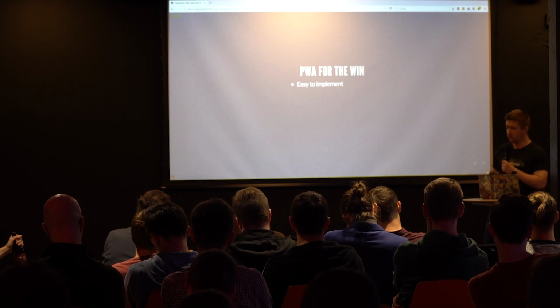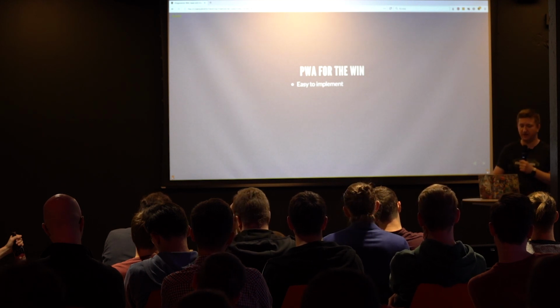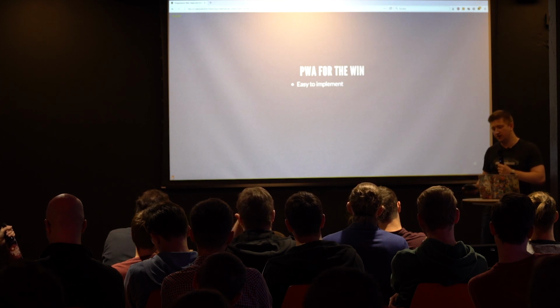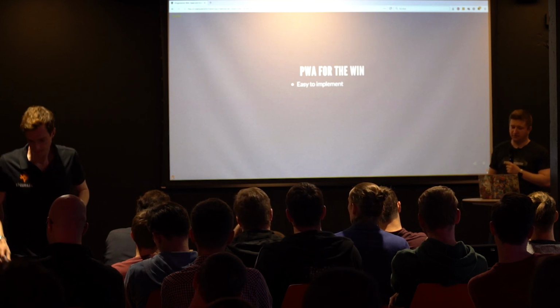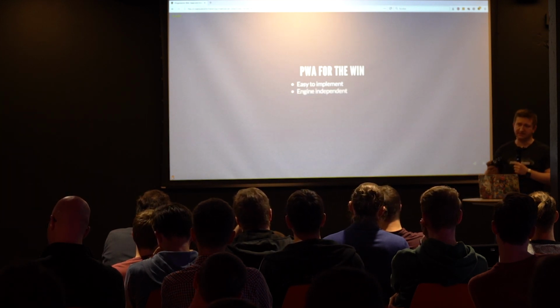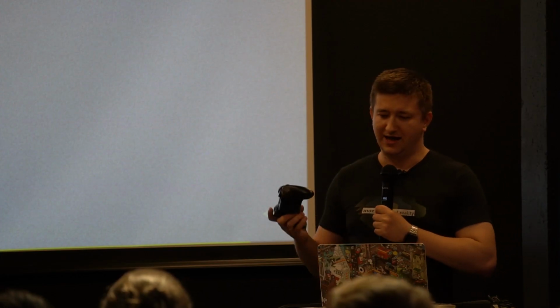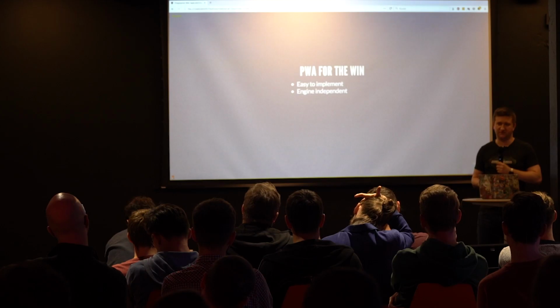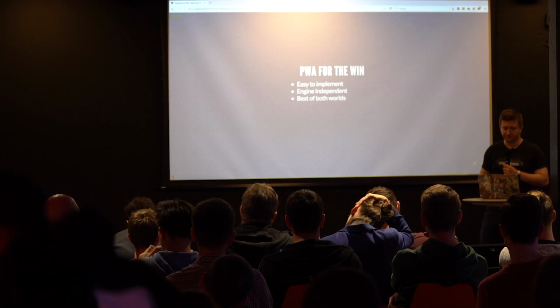So all you have to do is add the manifest file, add the service worker. It's not that complicated. It's engine independent, so you can add that to basically any game or any application. It doesn't matter if the game was created with Pixi, Phaser, or whatever, or written from scratch.